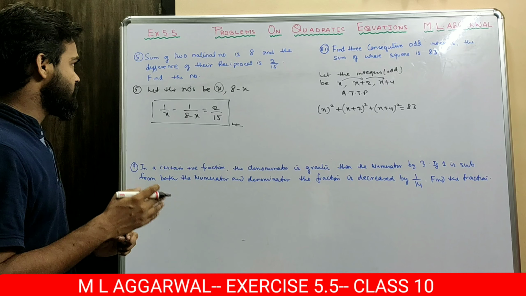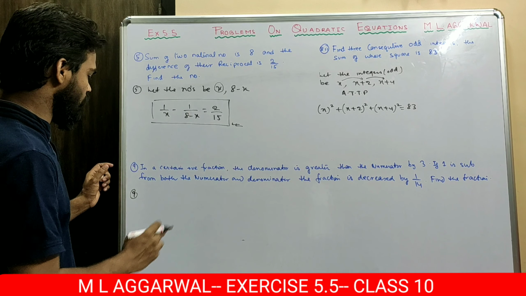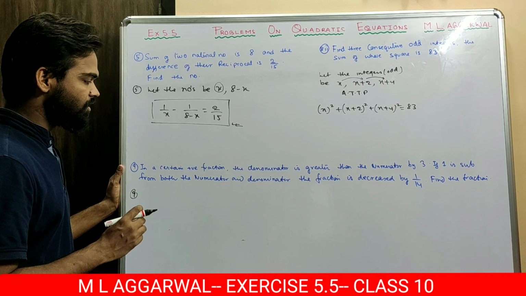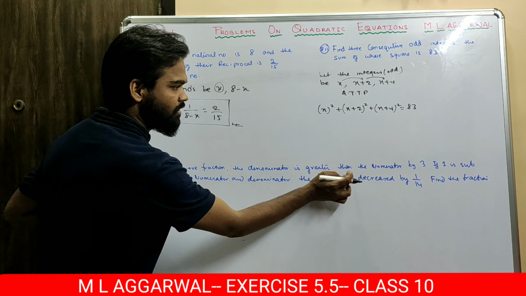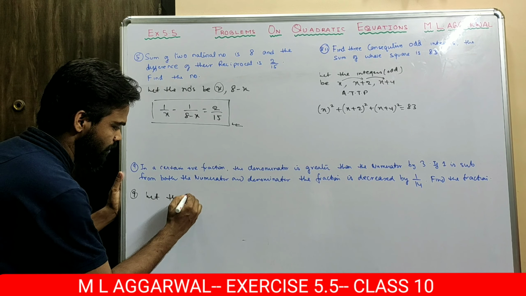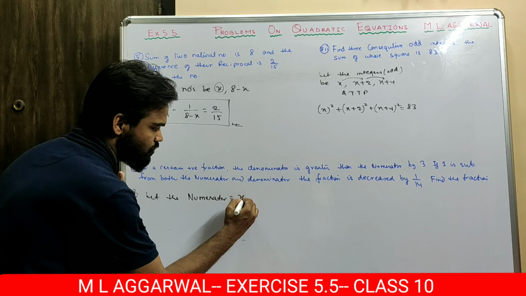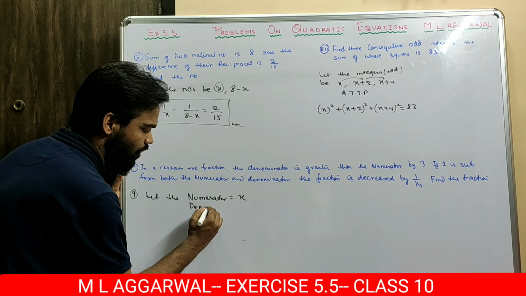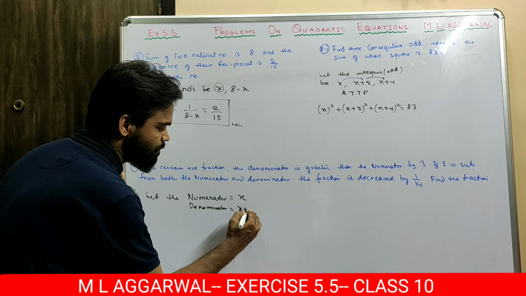I think 6, 7 have been given a hint, that's why I have not solved them. Sum number 9. In a certain positive fraction, the denominator is greater than the numerator by 3. Look, let the numerator equal x, then the denominator becomes x plus 3.